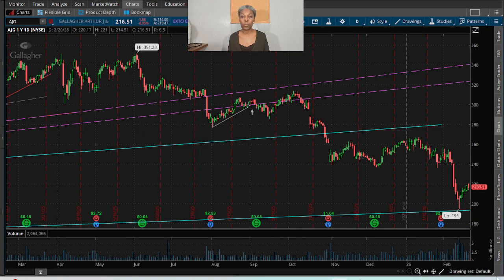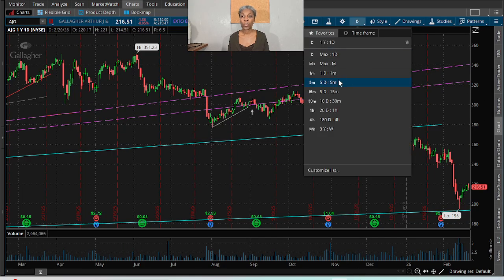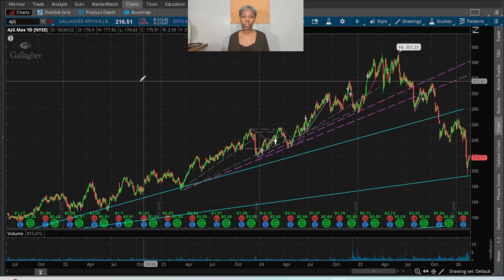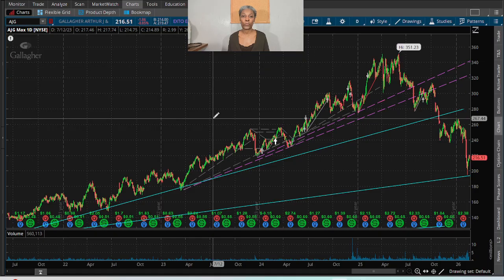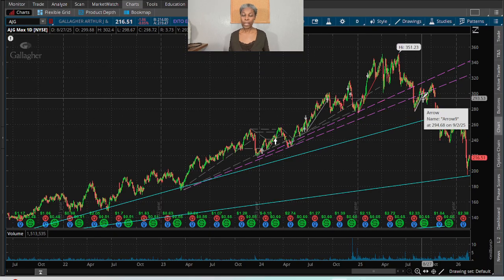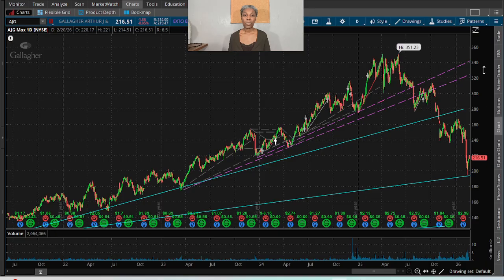I'm not seeing the big picture of what is going on here, compared to when I'm using maximum daily chart. It's showing me 1, 2, 3, 4, 5 here. So if you cannot have maximum daily chart with the platform you are using, maybe you can try 5 years daily chart. That way you can have 5-year time frame in front of you.